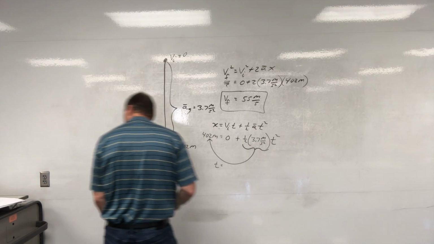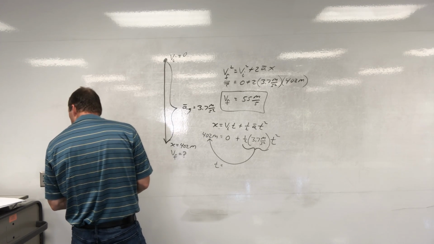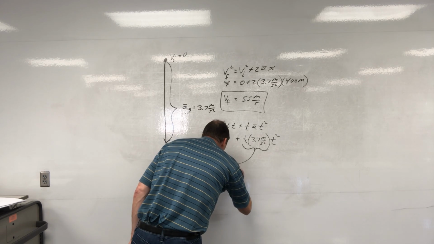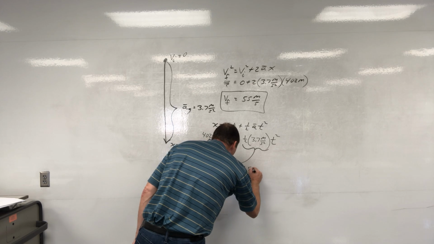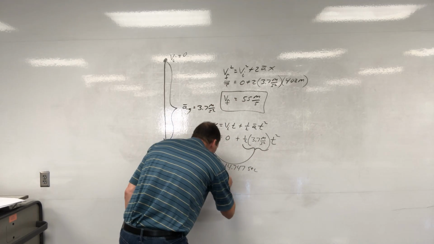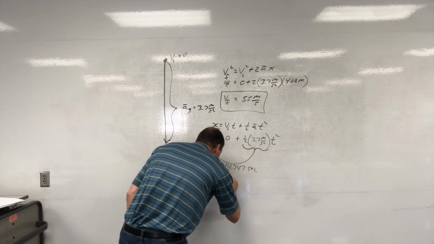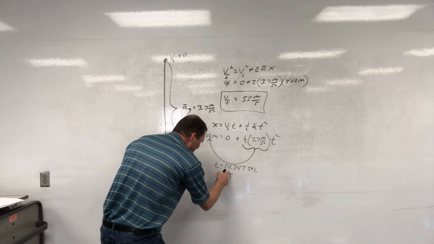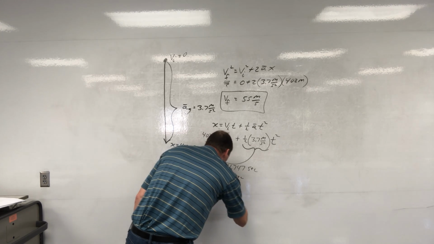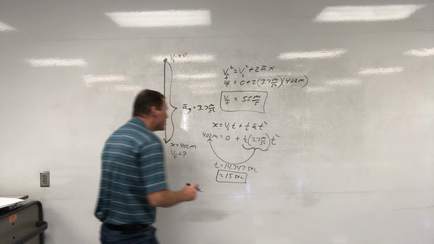So t, or time, is going to be 14.747 seconds. I'll go ahead and round off to 2 significant digits. So I'll round off to 15 here. So 15 seconds. There we go. 15 seconds.